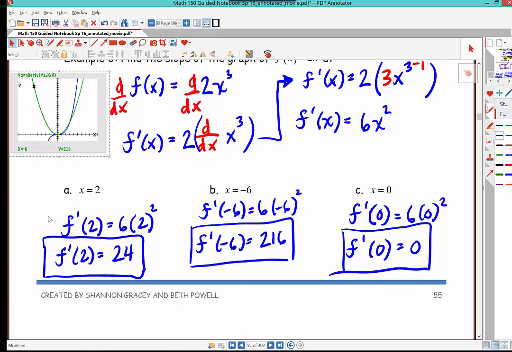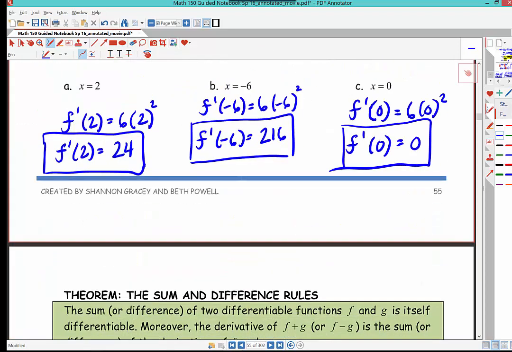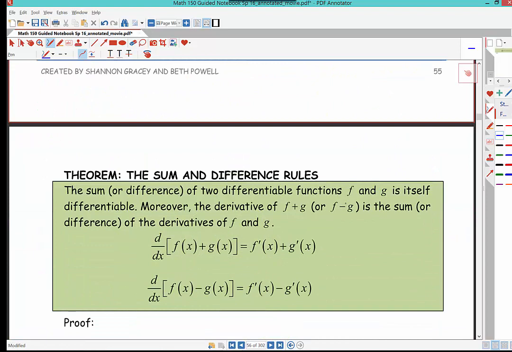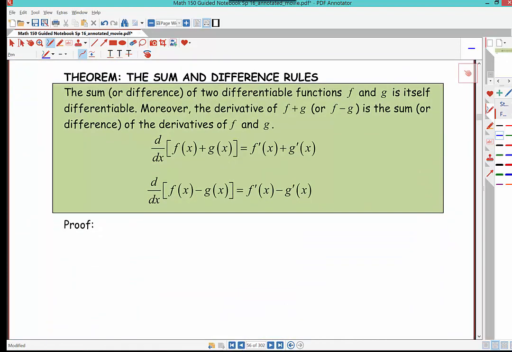All right, so next up we've got the sum and difference rules. So I'll go ahead and do the proof for just the positive. The difference works similarly, but it turns out that the derivative of a sum or difference of functions is the sum or difference of the derivatives.